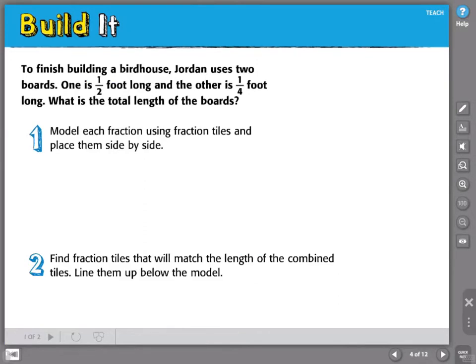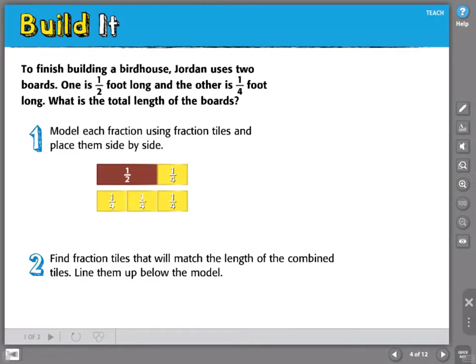The first step is to model each fraction using fraction tiles and place them side by side. So here's our model. We have a 1/2 fraction model and a 1/4 fraction model. Our next step is to find fraction tiles that will match the length of the combined tiles and line them up below the model.